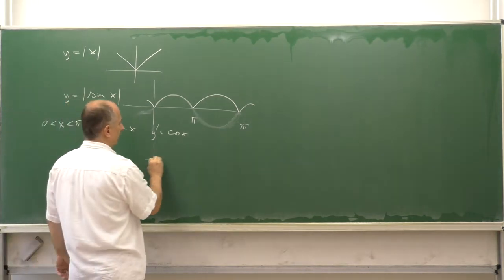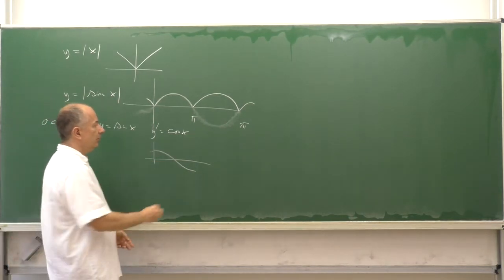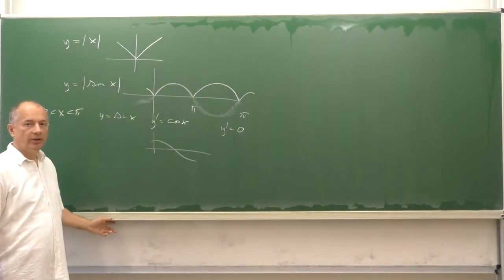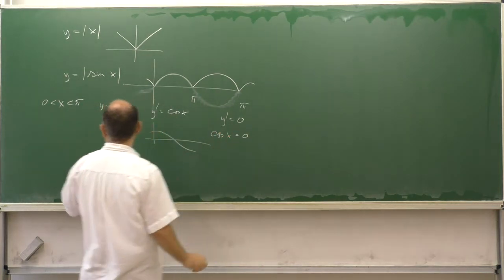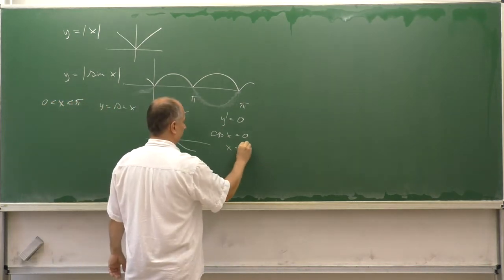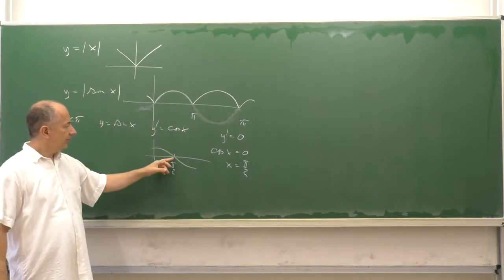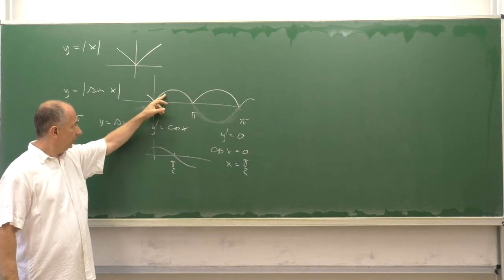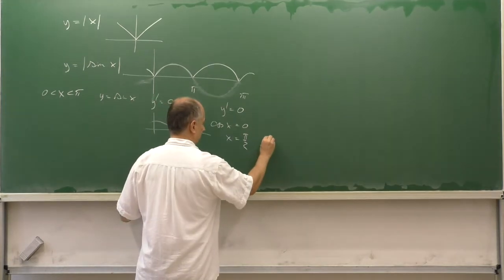But cosine looks like that, and if we find the stationary points, that means we solve the equation y derivative is 0, then cosine of x is 0 in this interval as the solution x is pi half. And as the derivative changes from positive to negative, the function changes from increasing to decreasing, and from this it has the local maximum.